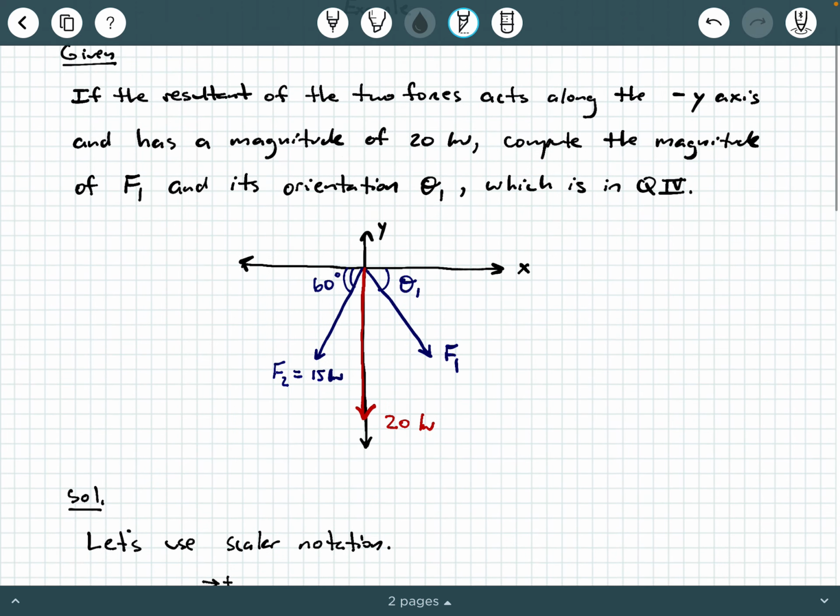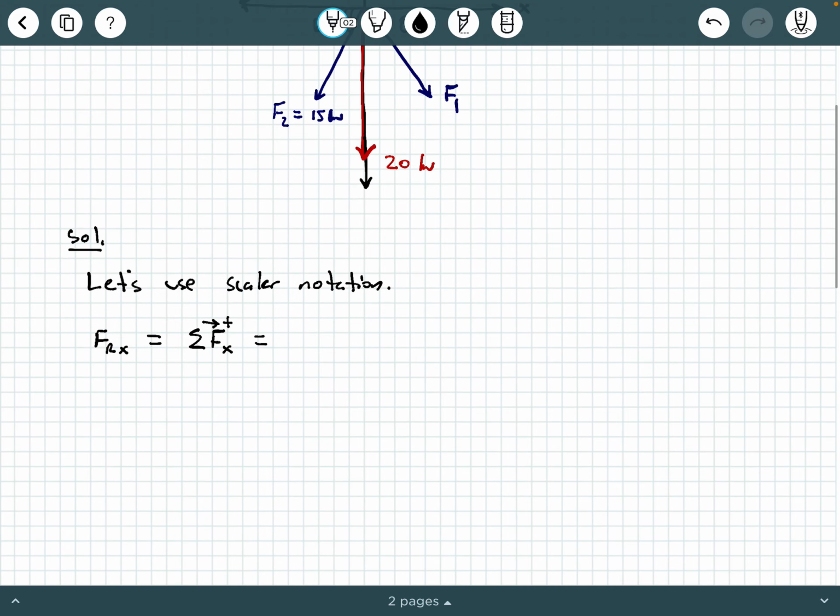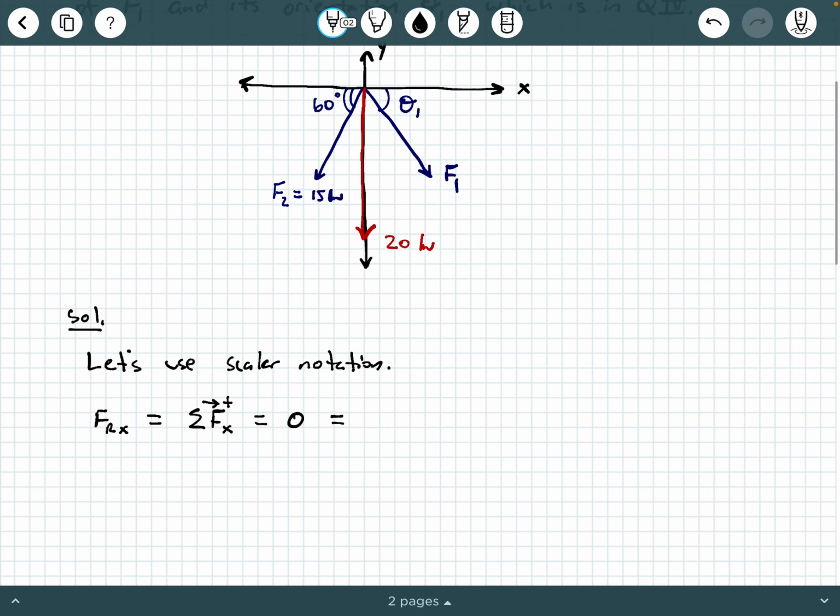The problem said the resultant of the two forces acts along the negative y-axis, and we drew it here in red. So what do we know about FRX? Well, we know that the x component of the resultant, FRX, is what? It's just 0, okay?